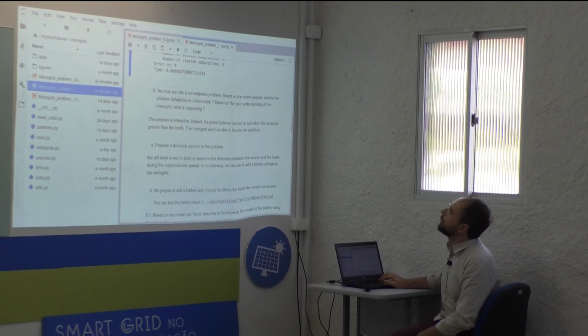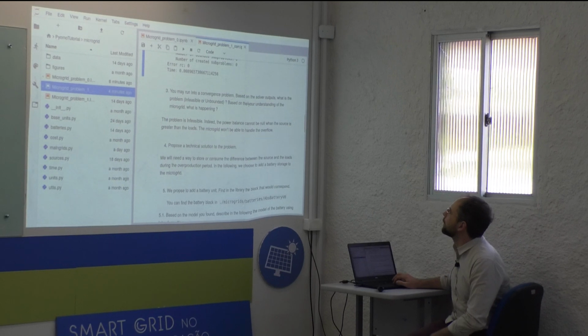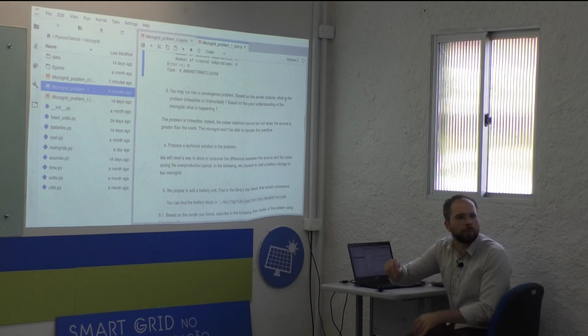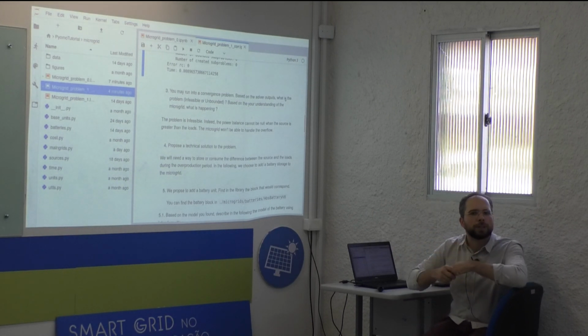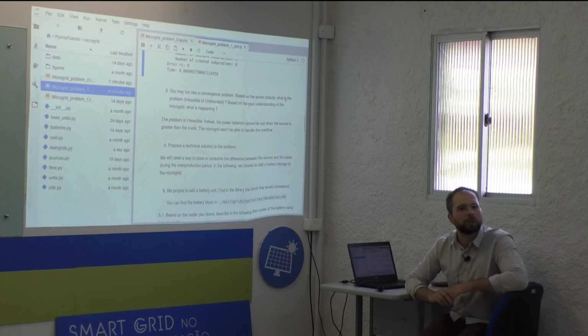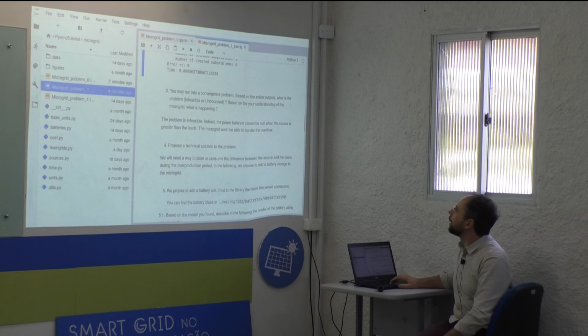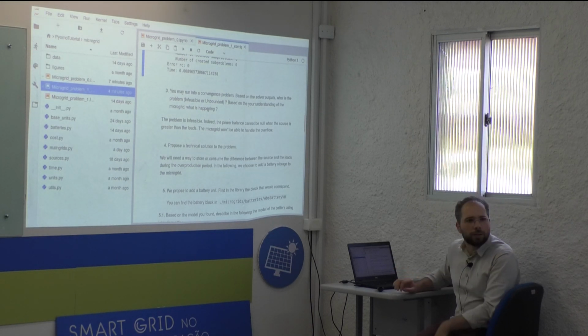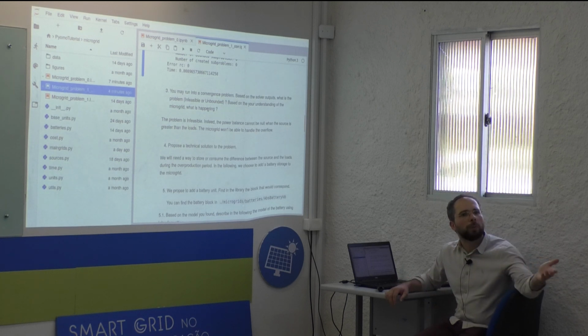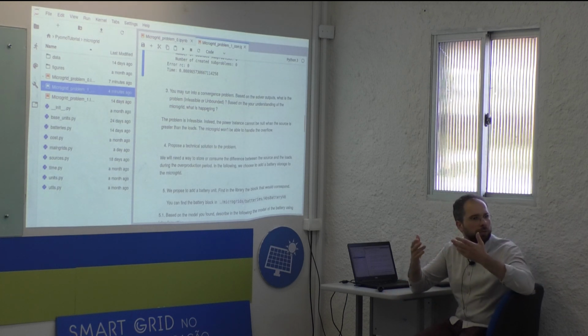I say you may run into a convergence problem based on the solver output. What is the problem? So we saw here that it's an infeasible problem. Okay, because I have too many constraints. Based on your understanding of the microgrid, what's happening? So there is a problem with the balance of the power.